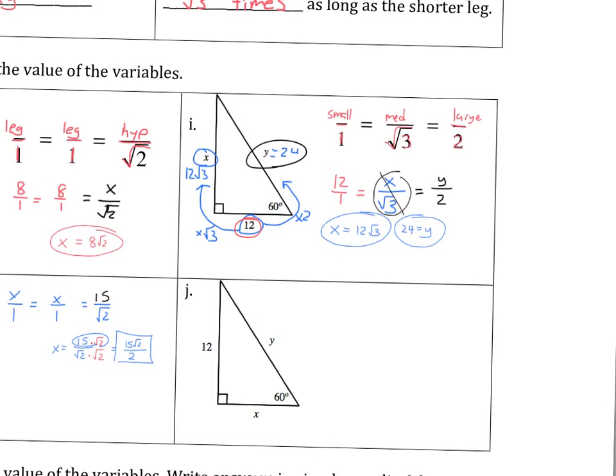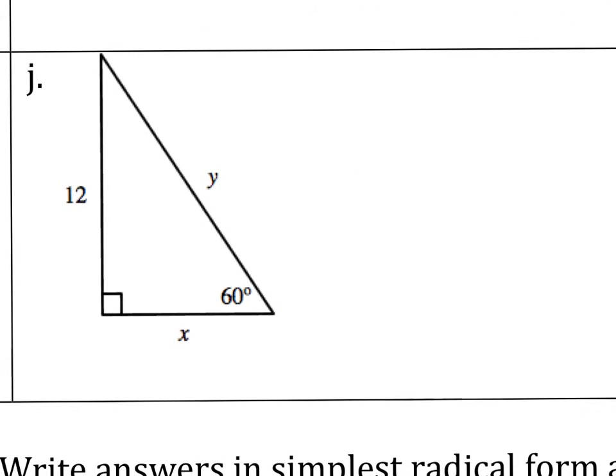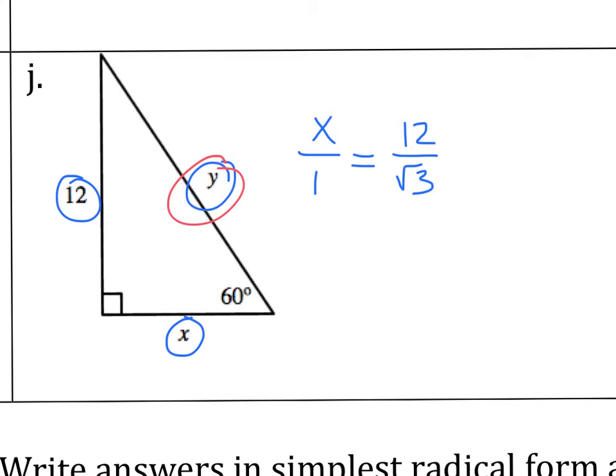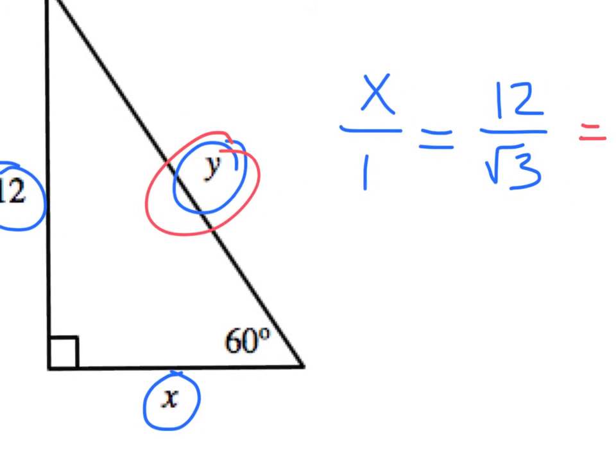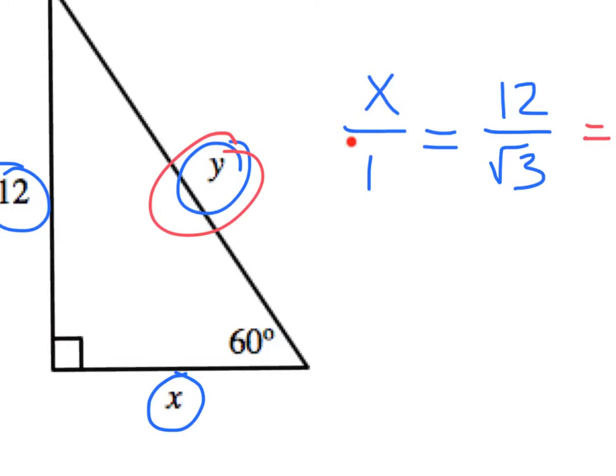Now let's turn our attention to another problem, and our setup can be exactly the same. We don't even have to think too much about it. We do small, so that's 1. Medium is over radical 3, and large is going to be over 2. Now I'm just going to cross multiply, don't have to, because look, x divided by 1 is just x.